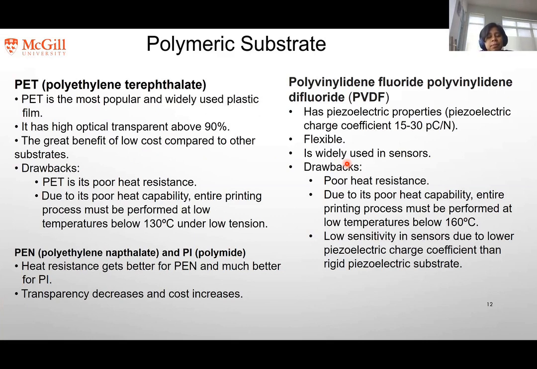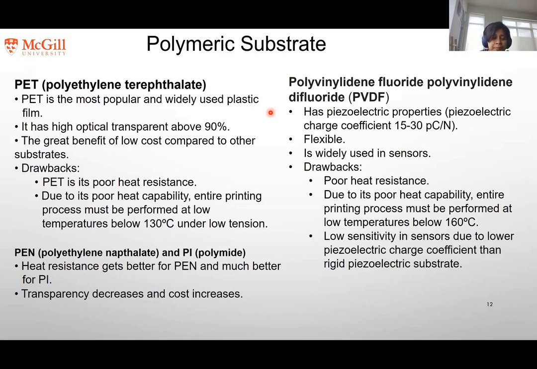So when we talk about plastic or polymeric substrates, there are a few that are pretty popular. One is called PET. It's very popular and has been used in many printed sensor applications. It has pretty good transparency, over 90%.